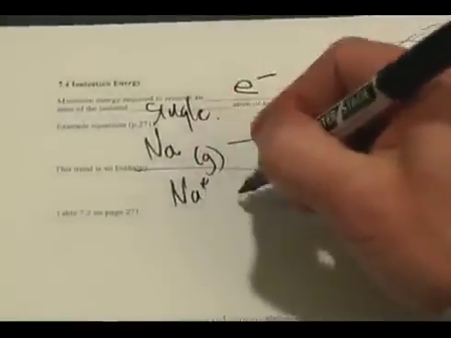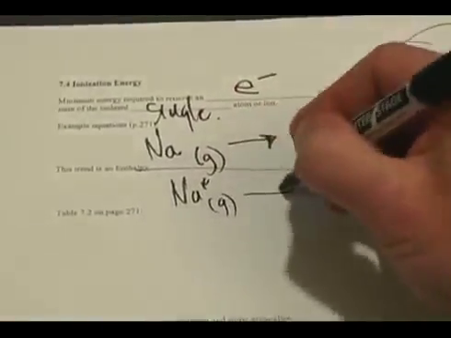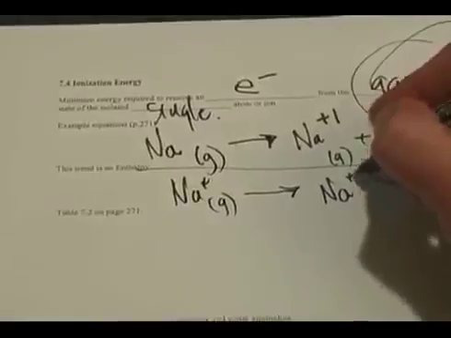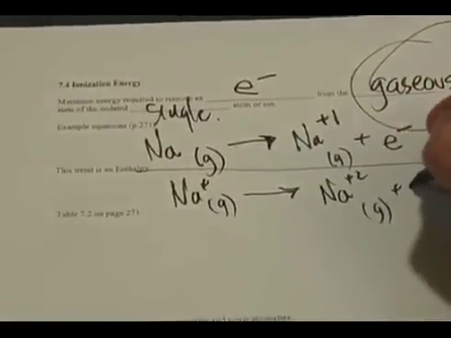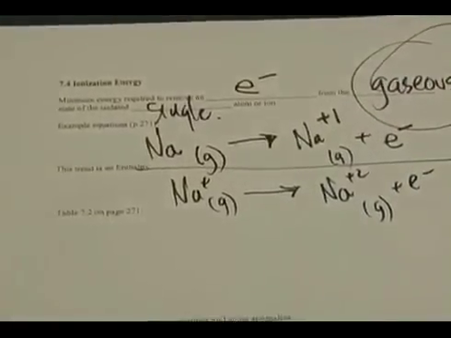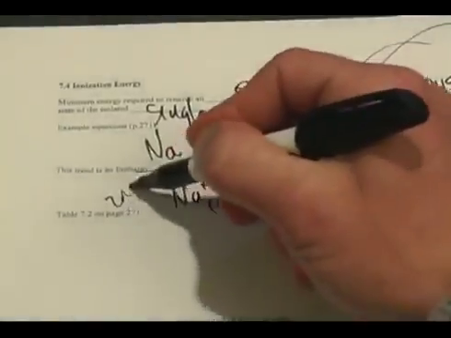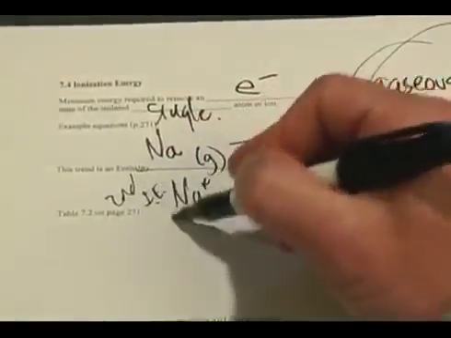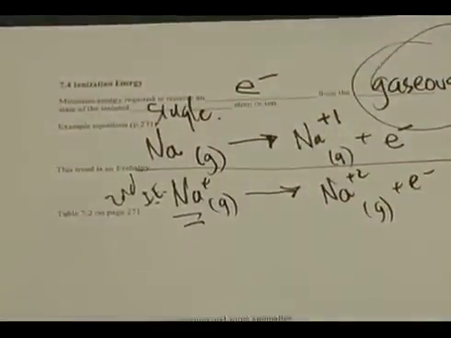Notice it's a single gaseous atom. I could also say Na+(g) would lose another electron and form Na2+(g) plus an electron. This would be the second ionization energy, because it has lost a second electron.